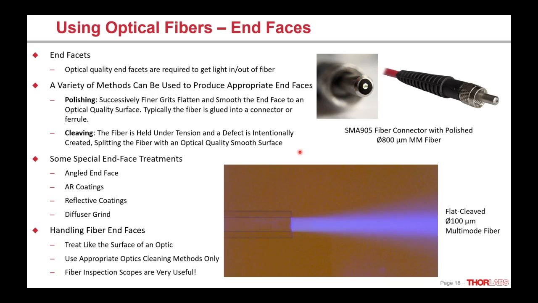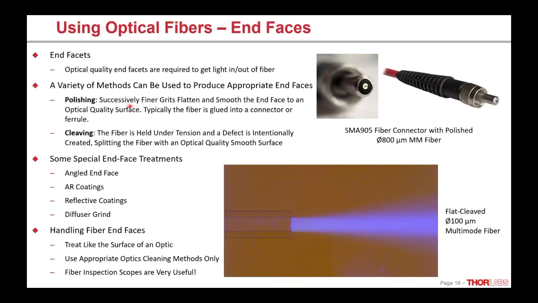So those photos I showed you earlier, those microscope images of a fiber cross section, we prepared all of those through cleaving. Also this image here, which we're showing again, is a cleaved end face, which is almost perpendicular to the fiber axis and is producing a nice beam out the end.